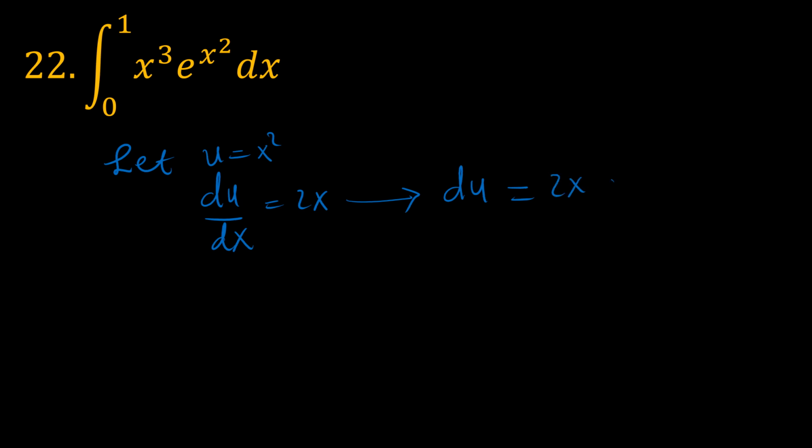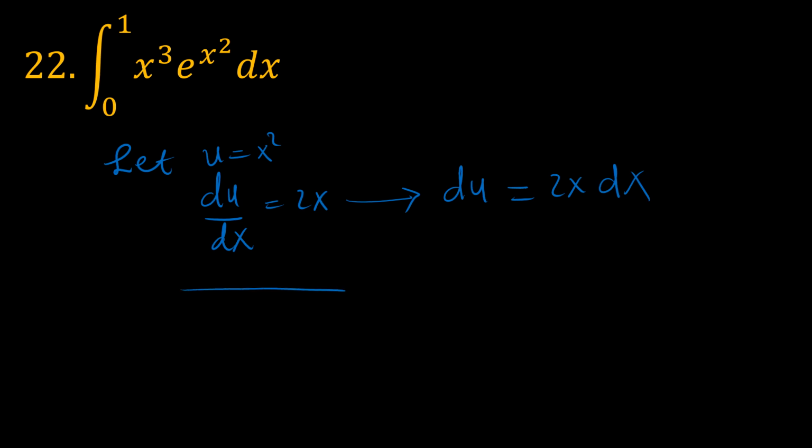Now, the first thing I would like to do is substitute for x squared. So let u be equal to x squared, and that means the derivative of u with respect to x is 2x, and what this means is that we can substitute for du twice x dx.